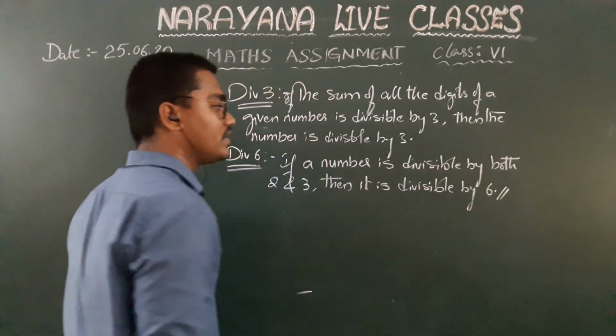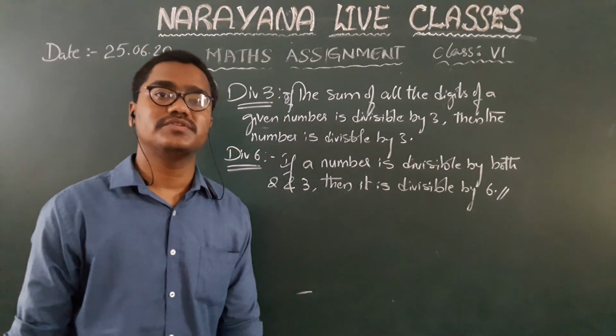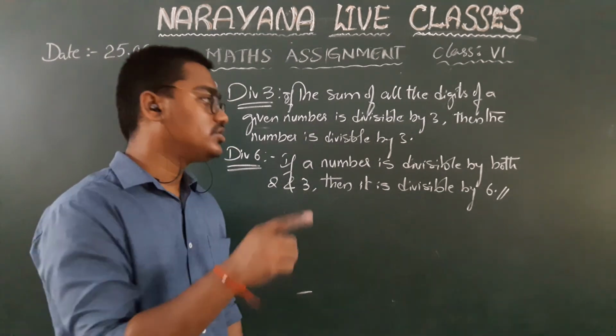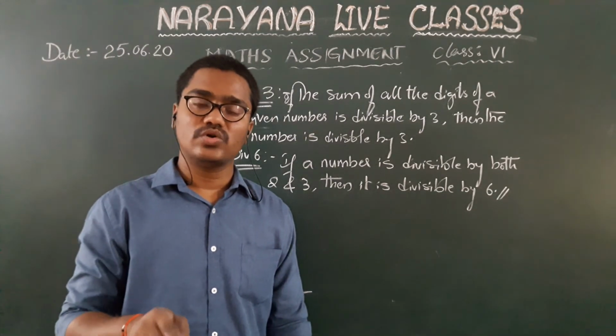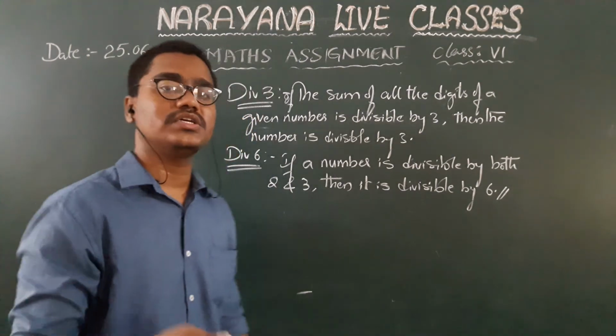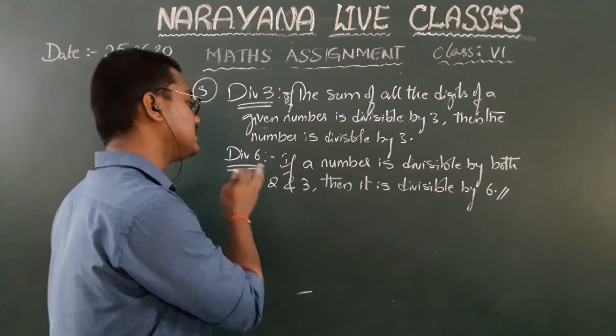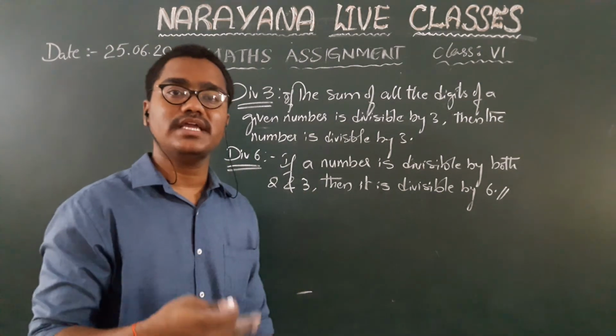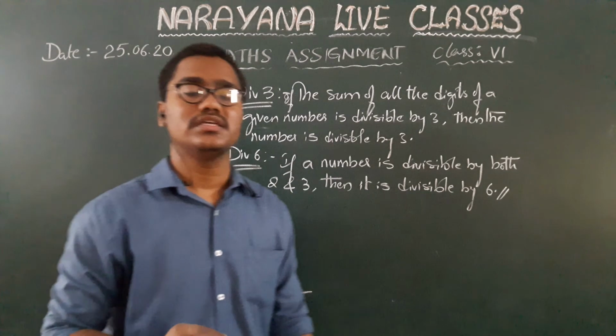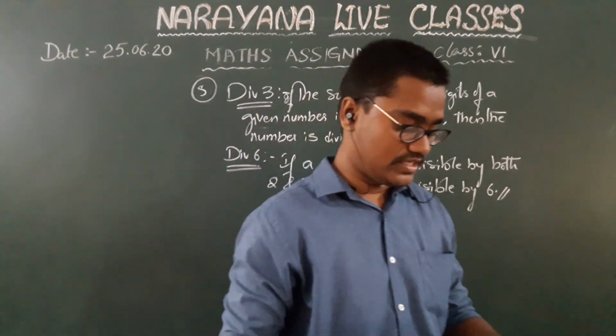In the previous question also we came across this divisibility rule for 6, children. The only thing is it should satisfy both conditions, the divisibility rule for 2 as well as the divisibility rule for 3. Only if it satisfies both conditions can we say that it is divisible by 6, or else it is not divisible by 6, children. Yes, I hope it is clear to everyone, children.